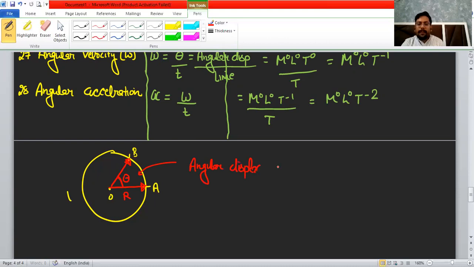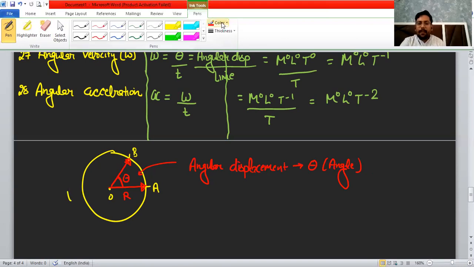So it is clear here that angular displacement just represents an angle, but its definition is the angle between the initial position vector and the final position vector in a circular motion. Okay. But sir, then angular displacement और angle में तो difference हुआ ही नहीं. There is no difference as such, but there are just different terms.